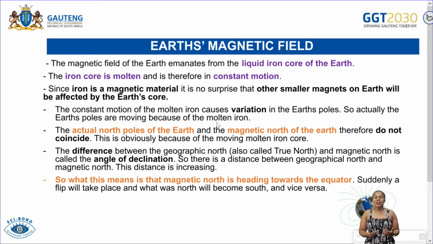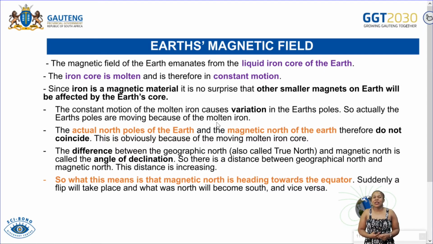Now, the constant motion of the molten iron core then causes a variation in the Earth's poles. So now you find, instead of having just one pole, you're going to have two poles on the Earth. Actually, the Earth's poles are now moving due to the molten iron core of the Earth.